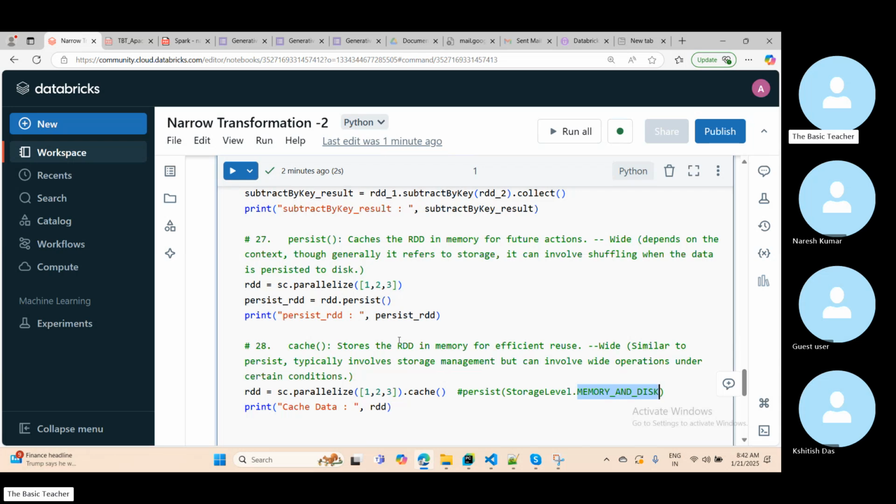If you persist that output, then you are not going to apply that complex transformation, which takes time, every time. You can cache it, and once you cache it, the output is saved in memory and you can reuse it. Reusability. You are getting the point?